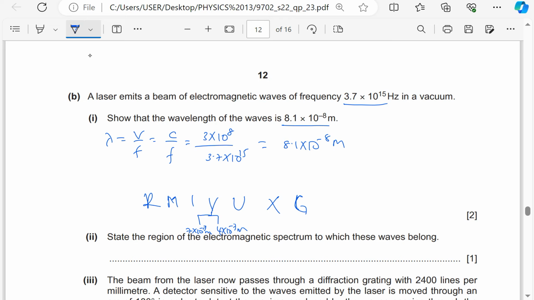So minus 8 is on the right hand side of the visible light, because the wavelength decreases when I move from radio waves to gamma rays. So it means 8.1 times 10 to the power of minus 8 meters is just after violet. So it is ultraviolet.